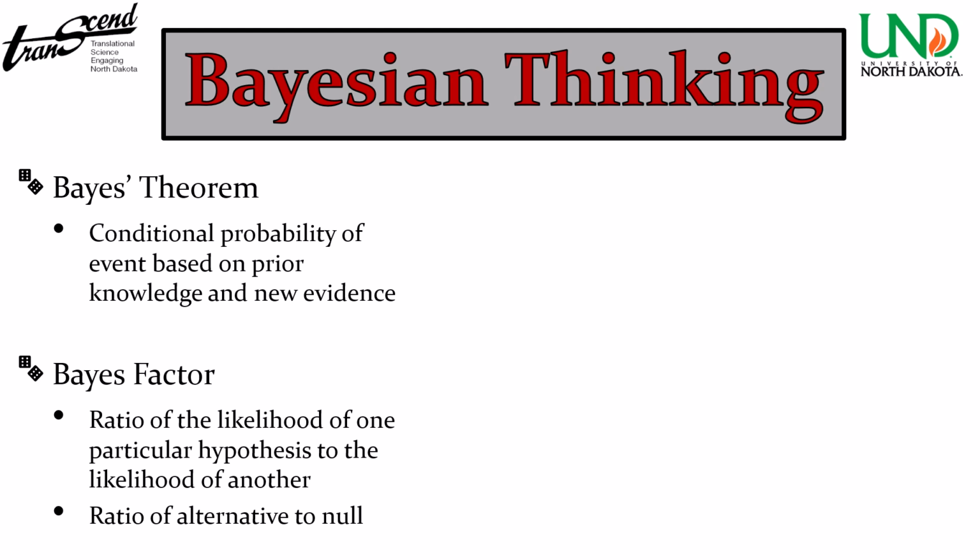Setting up the intellectual avenue here, let's talk a little bit about Bayesian thinking. Bayesian analysis comes from Bayes' theorem. Bayes' theorem simply states that the conditional probability of an event is based on prior knowledge and new evidence.